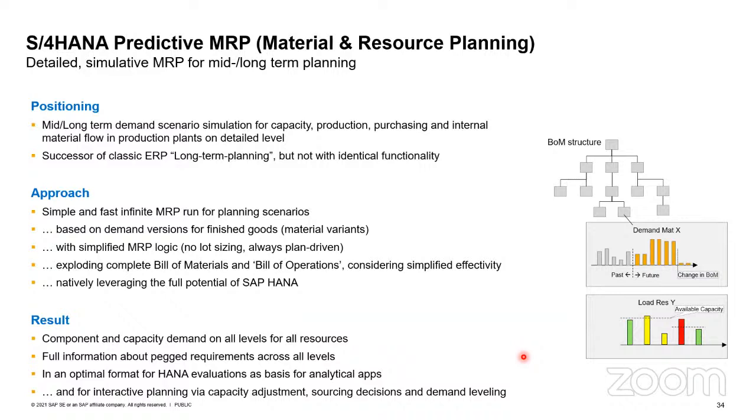The approach used for this typically works on similar functionality of MRP. This is much better than long-term planning, which is a classical functionality available from the ECC world, because this is based on a simplified MRP logic.